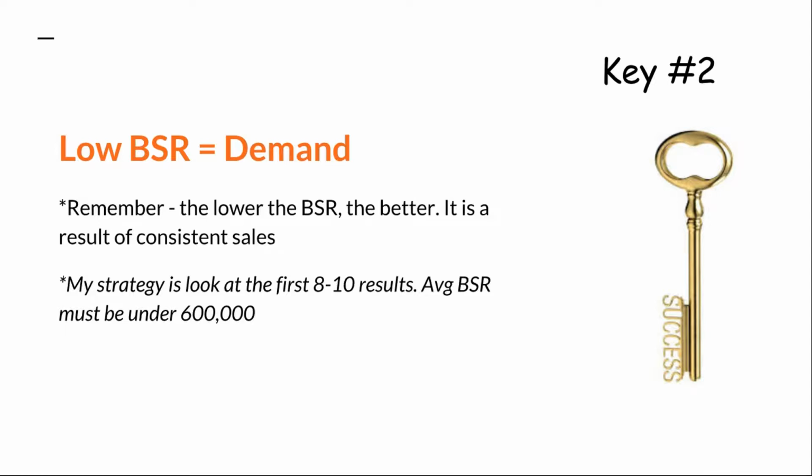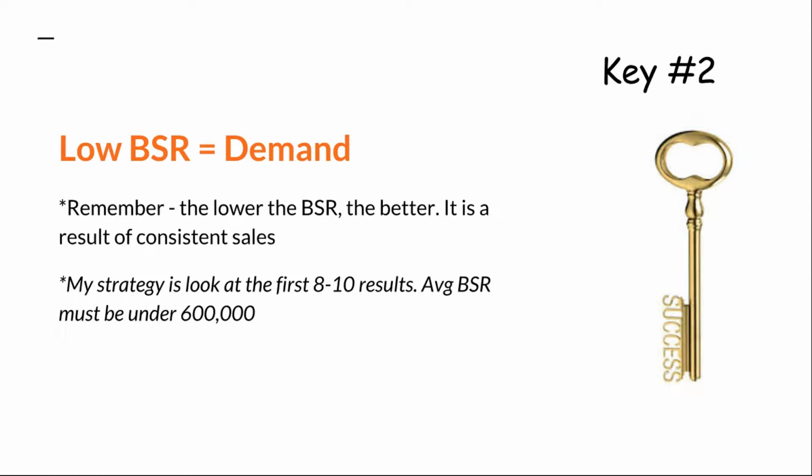Now there's a reason why I said 600, because there's a tool called Jungle Scout. They have a sales estimator. If you go to the category on the sales estimator and put the BSR rank, normally, well, for Merch by Amazon, ours would be in the clothing and shoes category.